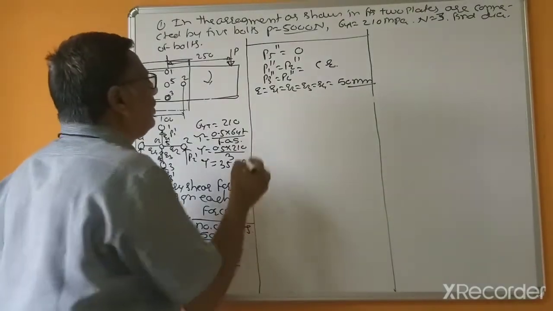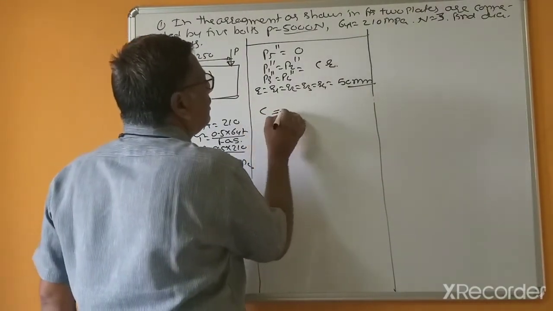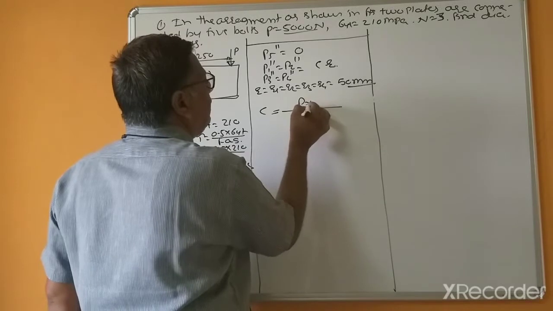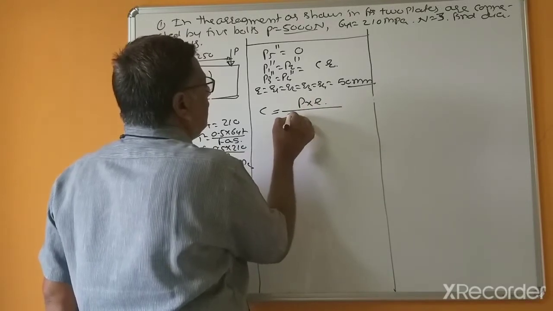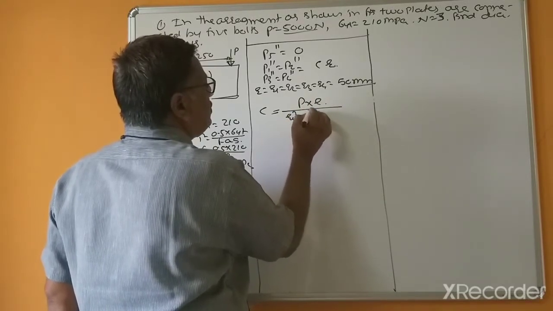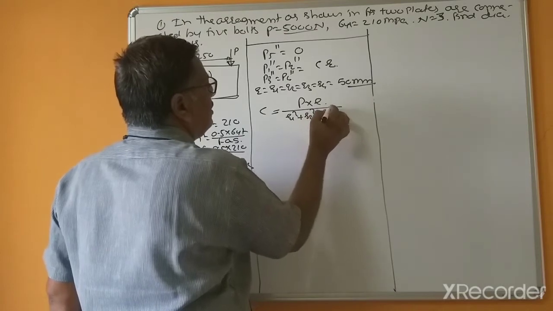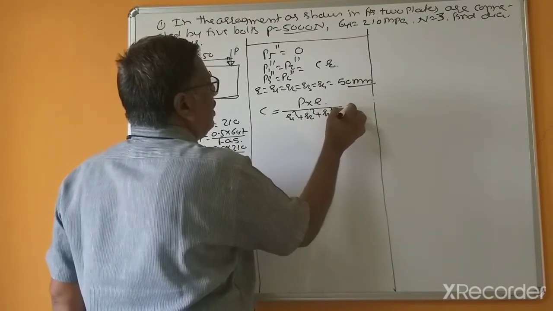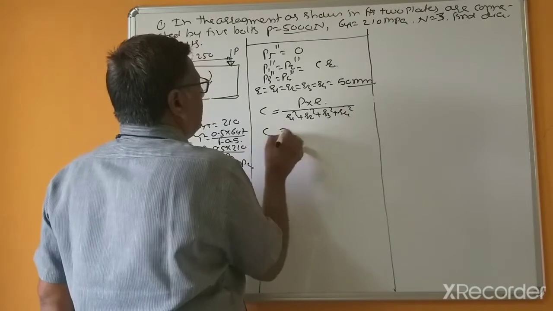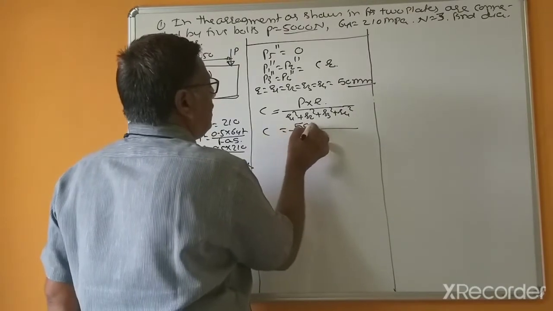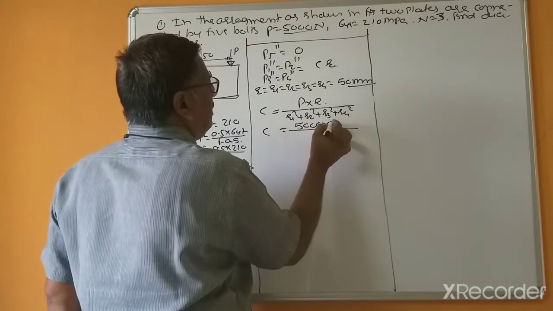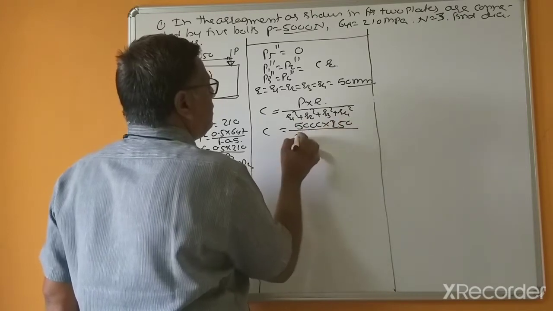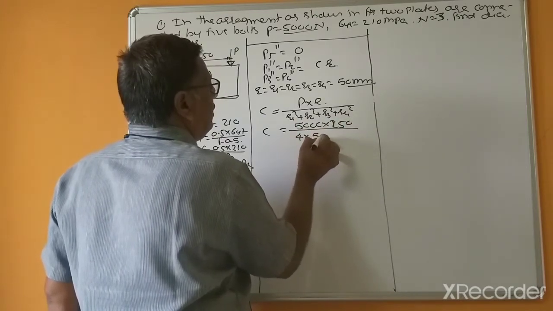Now C equal to, what is the formula? P into E divided by R1 square plus R2 square plus R3 square plus R4 square. 5000 multiplied by 250, divided by 4 into 50 square.